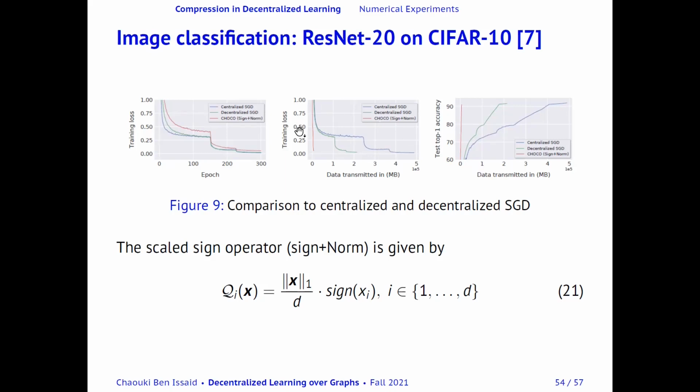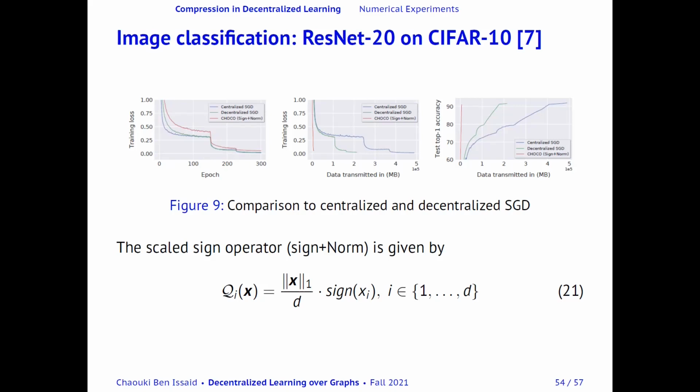SPARQ-SGD is used when the compression operator here is the scaled sign operator given by equation 21, and it's compared to vanilla decentralized SGD and centralized SGD. Comparing the training accuracy reached after the same number of epochs, the decentralized algorithm performs the best, followed by the centralized one, and lastly SPARQ-SGD.